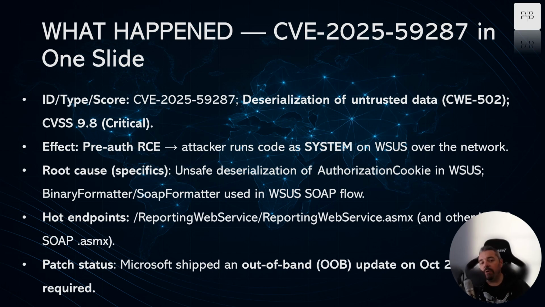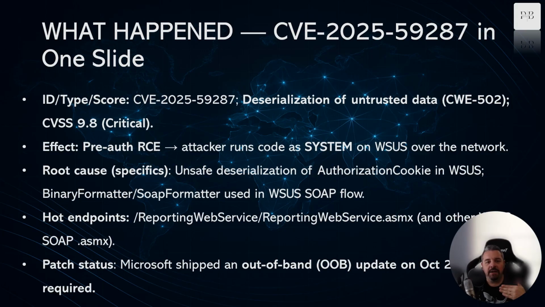That's the technical smoking gun. The score and severity is now measured at CVSS 9.8, so pretty big. This is not theoretical. Attackers can execute code remotely without credentials over the network.